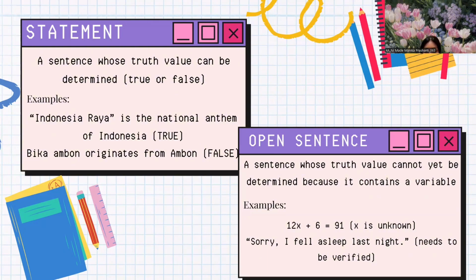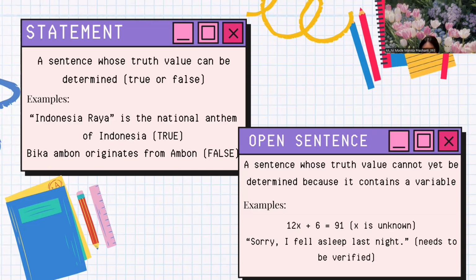First, mathematic example: 12 times x plus 6 equals 91. We cannot say if this equation is true or false until we know the value of x. If x is one specific number, it might be true, but for any other number, it's false.